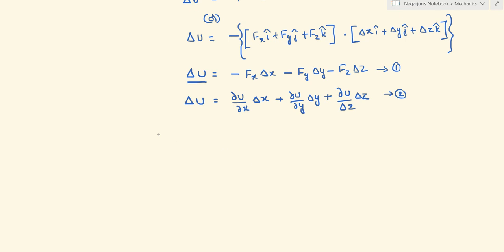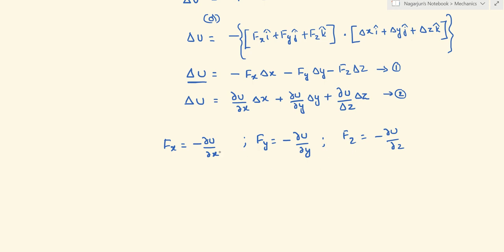So now comparing 1 and 2, we can express Fx is equal to minus dou U by dou x, and then Fy is equal to minus dou U by dou y, Fz is equal to minus dou U by dou z. Remember, equation 2 is valid even when delta y and delta z are 0.